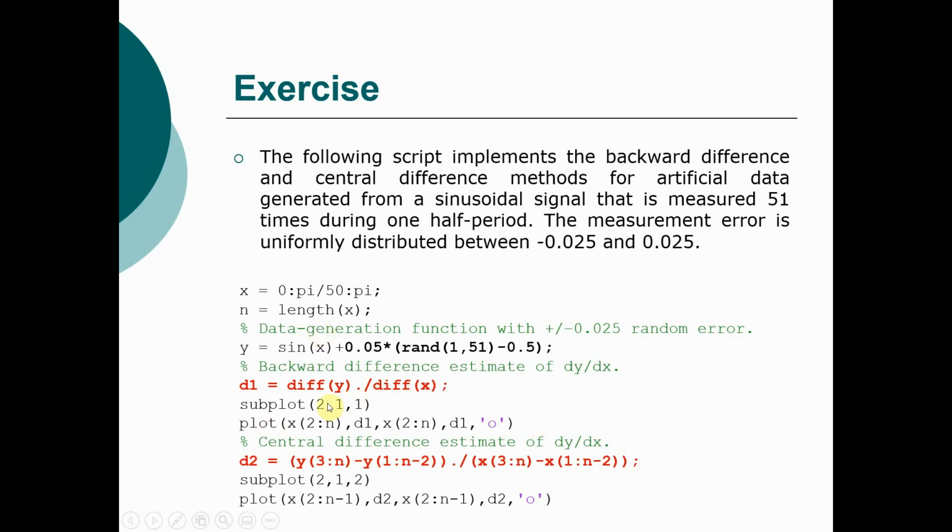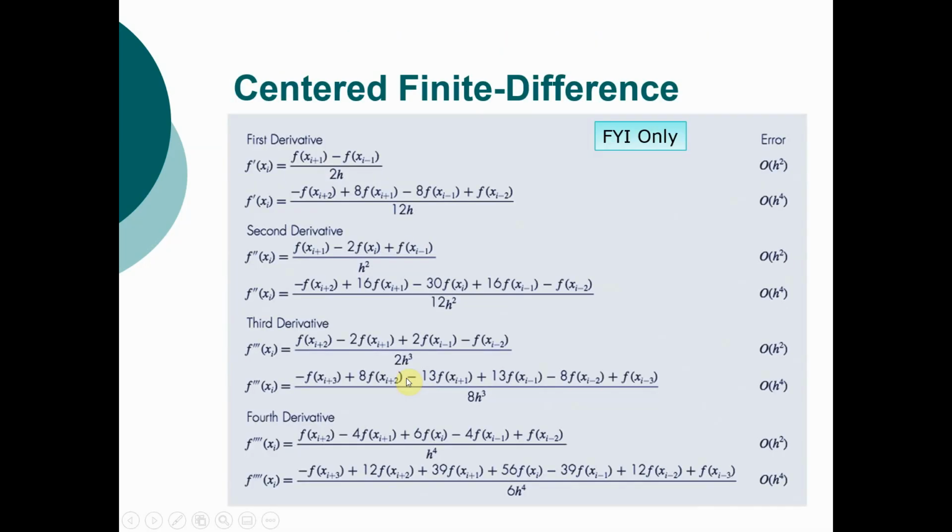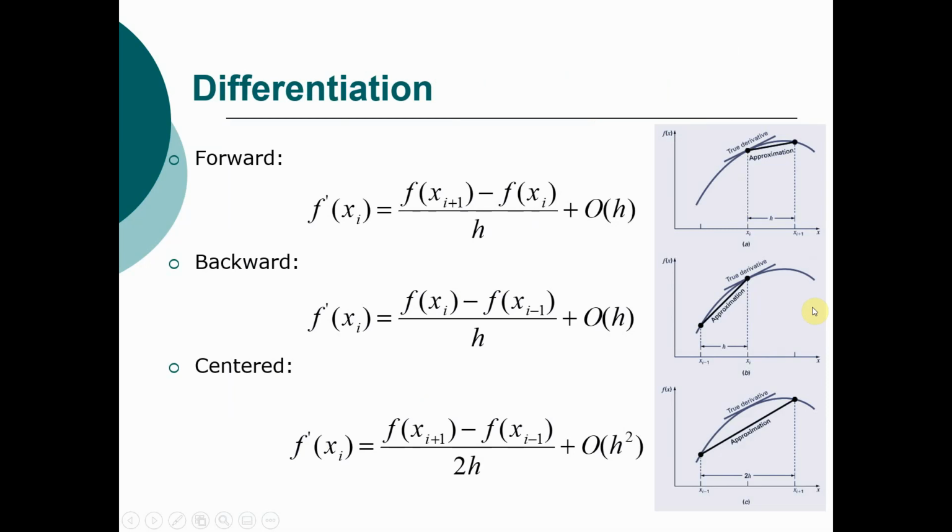Using the same kind of vector manipulation, we can also do centered difference. This d1 is now basically the derivative of this function at every single data point, except, for backward difference, we need to go one step backward.